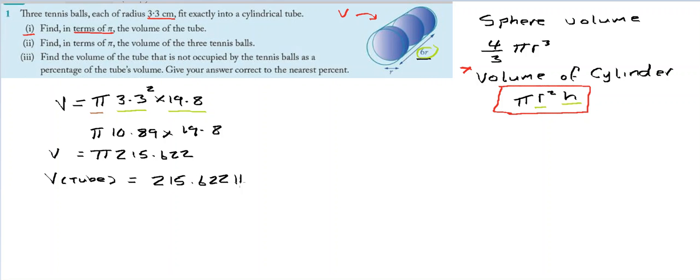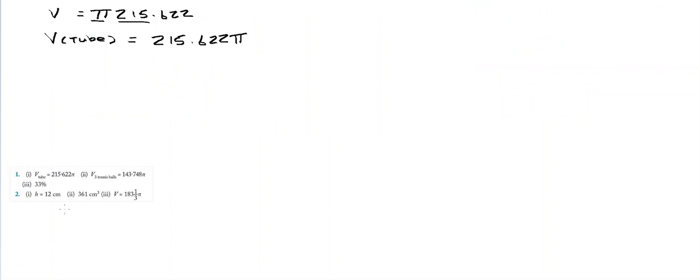So what we've done is we've taken this volume and we've written it in terms of pi. It doesn't matter which side you put the pi on, it still means the same thing. So let's just check that, make sure it's right. So this is our answer. Volume of the tube is 215.622 pi. That looks correct.